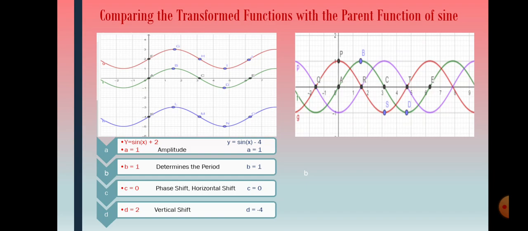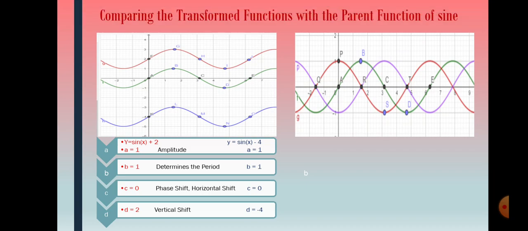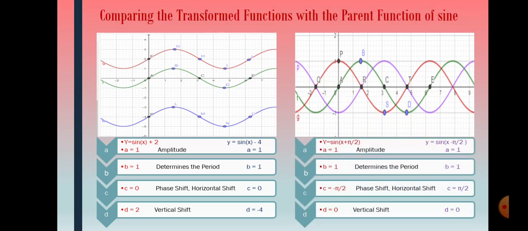And if you notice, the red one compared with the green one is shifted to the left. And the purple one compared with the green one is shifted to the right. So what that means is that our function on the red is sine of x plus pi over 2.